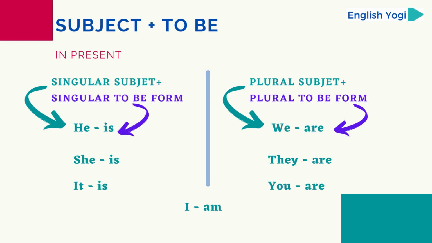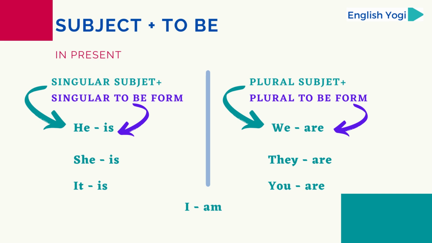So subject plus to be in the present tense: what are the formulas or rules we will discuss in this. So in the present, if the subject is singular, we have to use the singular to be form. For example, he, she, it, these are singular subjects, and with these we will use is. And we already discussed previously, is is the singular to be form in the present. Similarly, on the other hand, with the plural subject, we have to use the plural to be form.